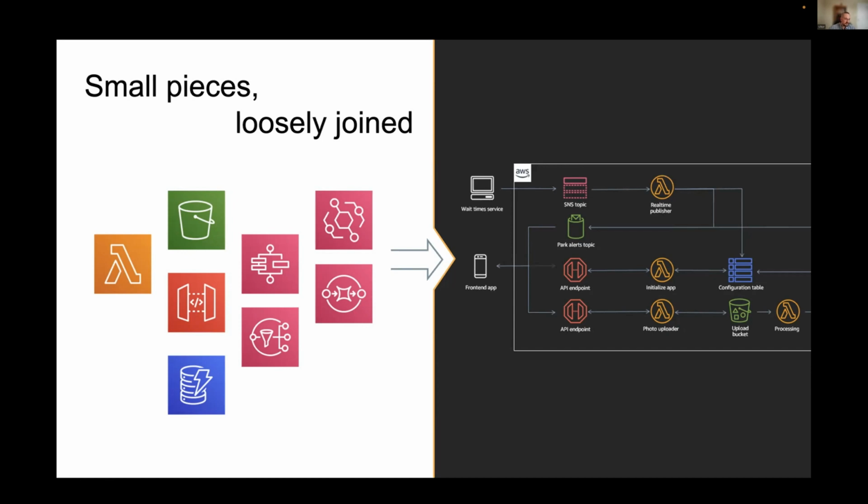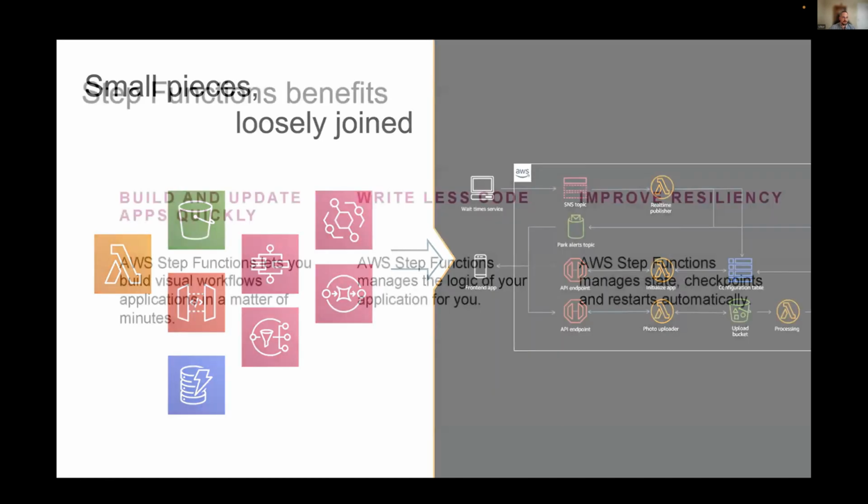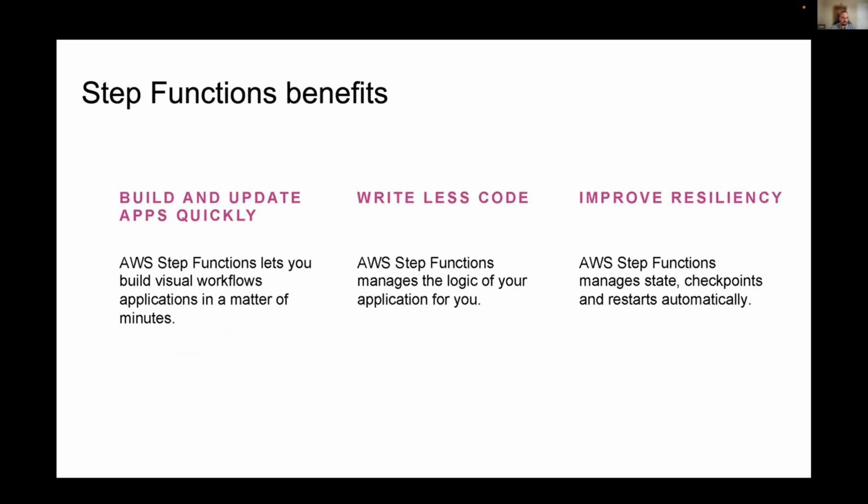And just to talk a little more about the benefits of Step Functions, AWS Step Functions supports visual workflows that can be created using the AWS Step Functions console, which makes it easy to create and manage state machines without writing a single line of code. You do everything graphically. Once you build your state machine, the Step Functions service will manage the logic of your application for you.